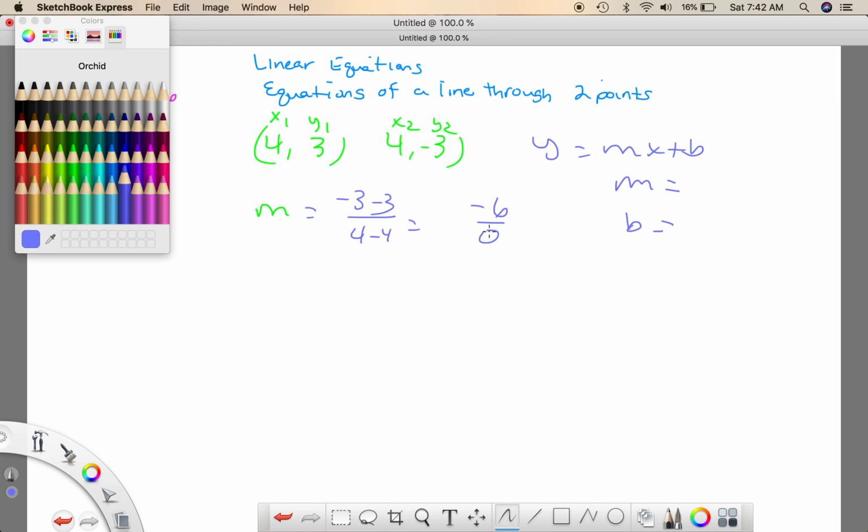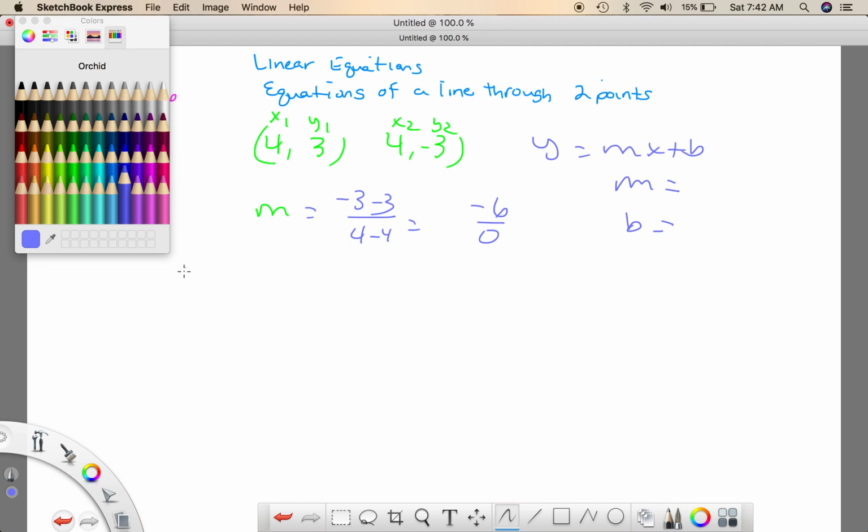No slope. When we graph the points, we find that the line is a vertical line. Vertical and horizontal lines are special cases.